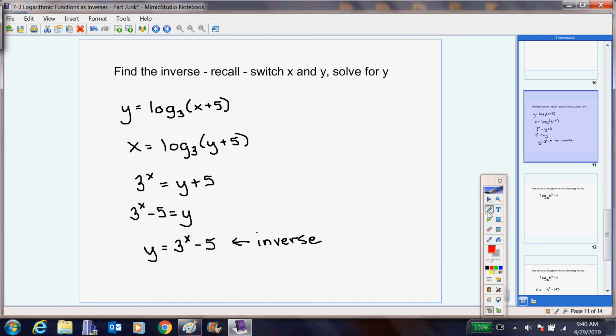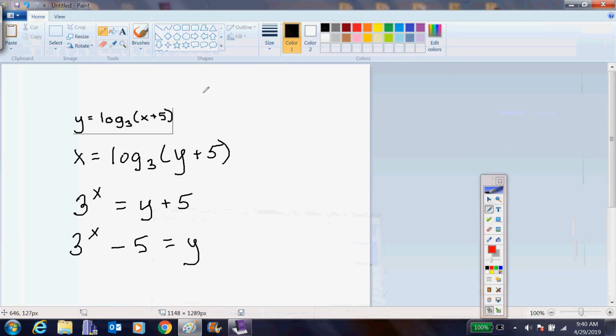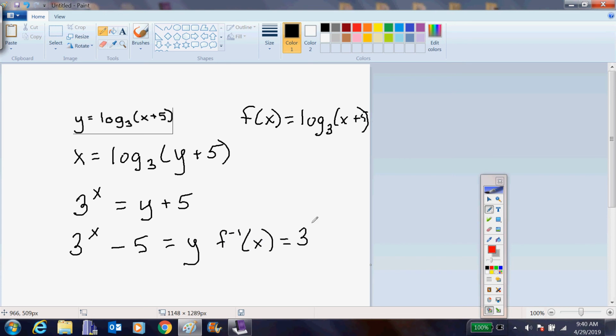If this were f of x equals log base 3 of x plus 5, the inverse, f inverse of x, would be 3 to the x power minus 5. Even if you don't like the notation, it is something that you do need to know. The easier way to find it is just switch x and y and solve for y. But the notation is like this.